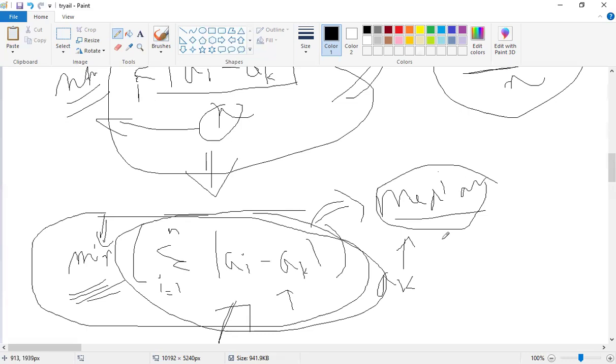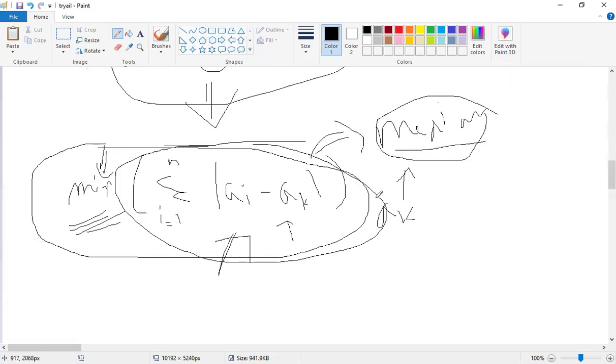Now, moving forward, why will the median minimize this particular equation? That is my claim: if AK is a median, then this equation's value will be minimum.